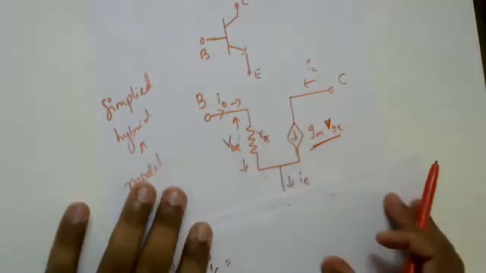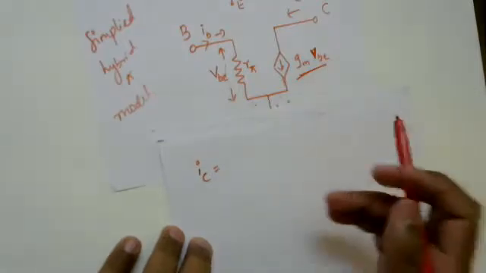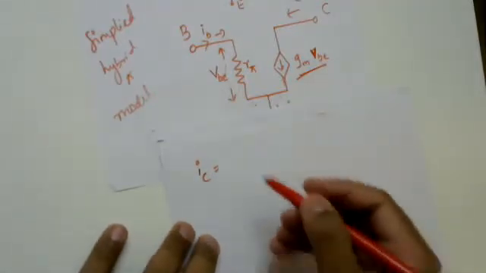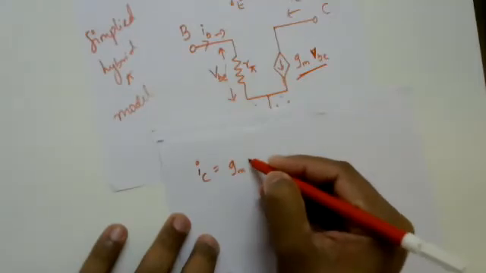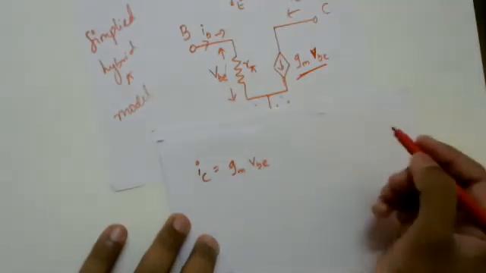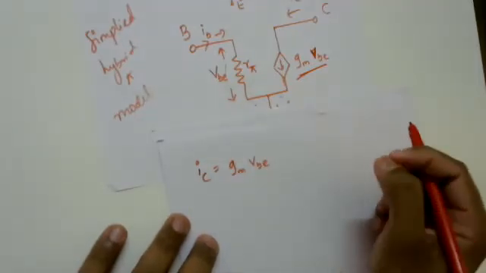Then I can simply write the equation for IC as IC equals GM into VBE.